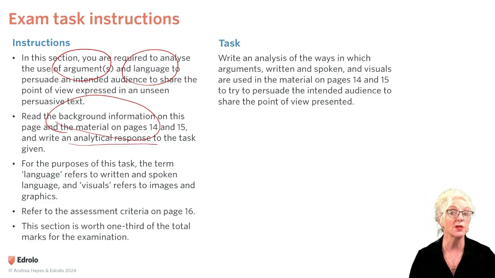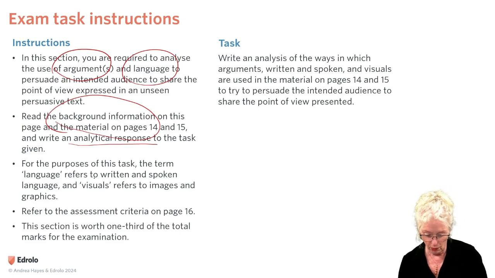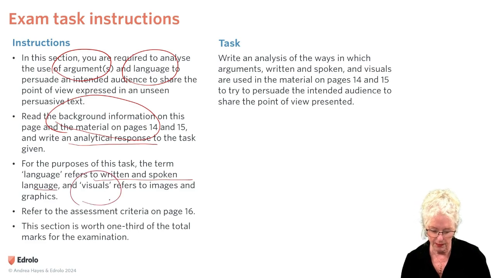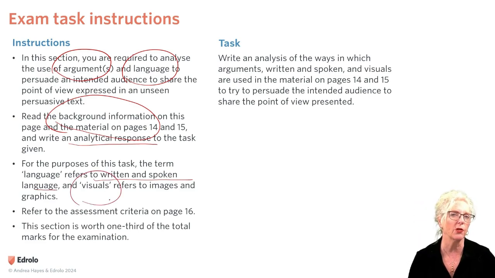For the purposes of this task, the term language refers to written and spoken language, and visuals refers to images and graphics. Refer to the assessment criteria contained in the examination booklet on page 16. This section is worth 1/3 of the total marks of the exam. So we have those 3 sections and they're equally weighted.